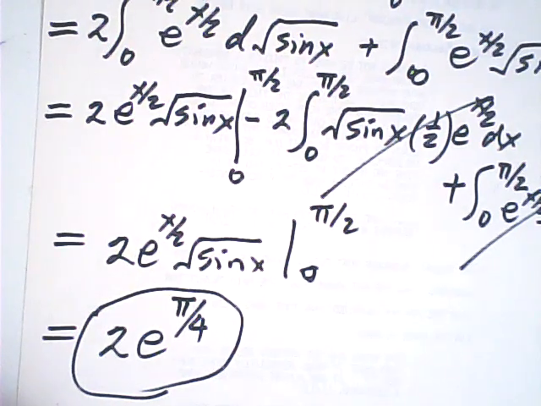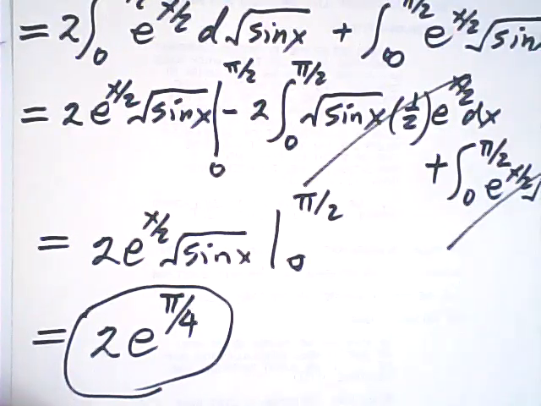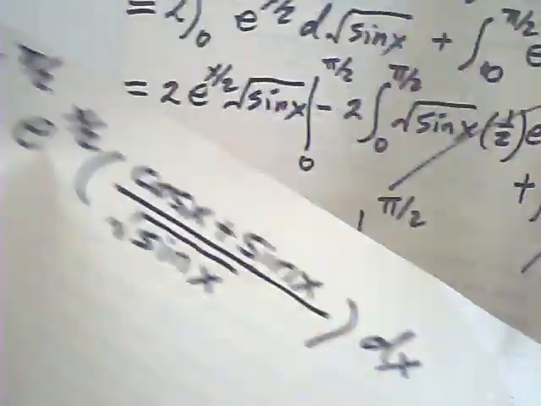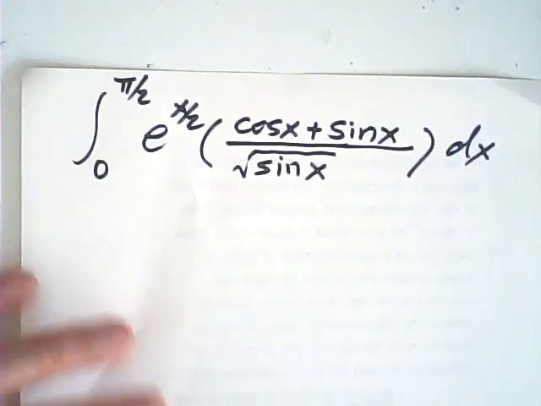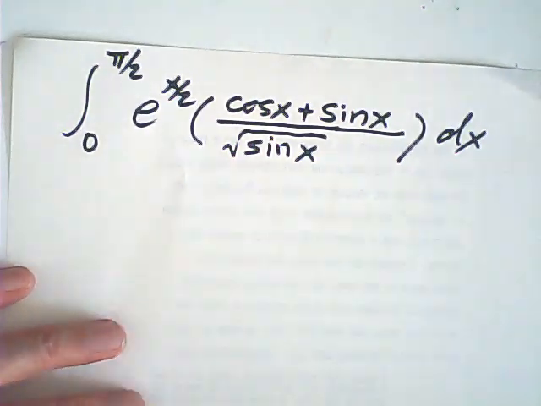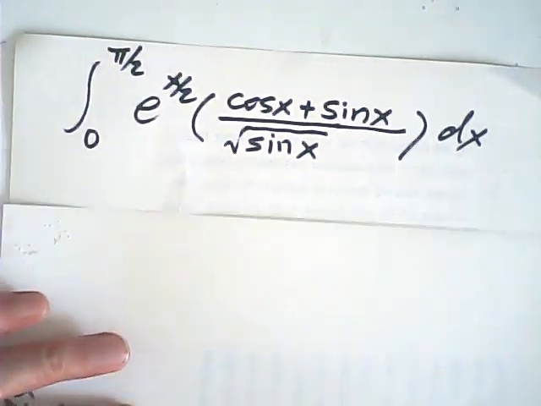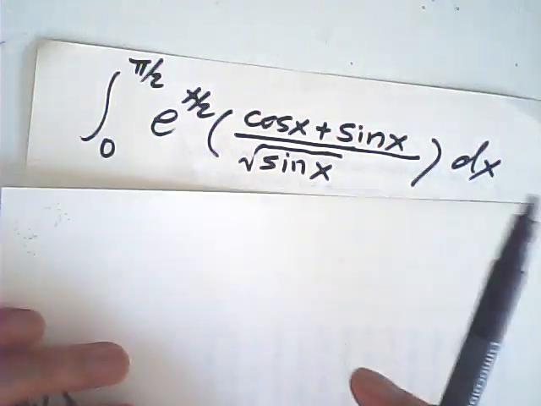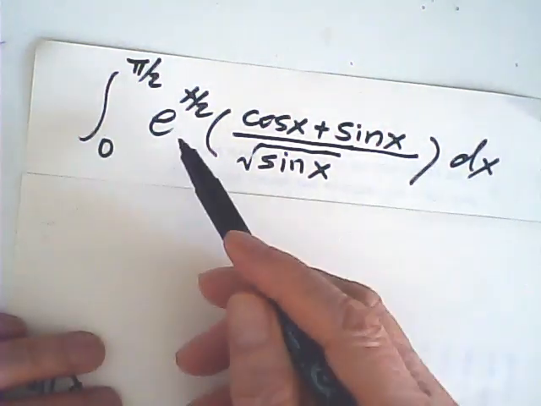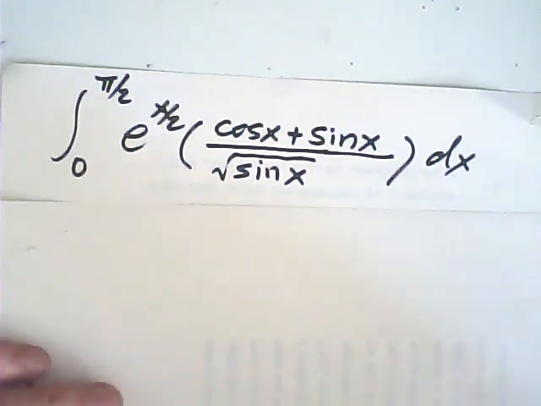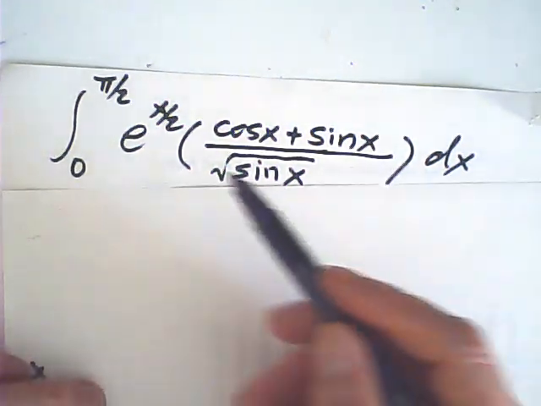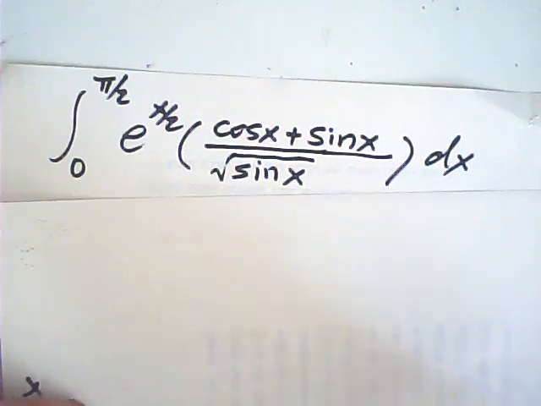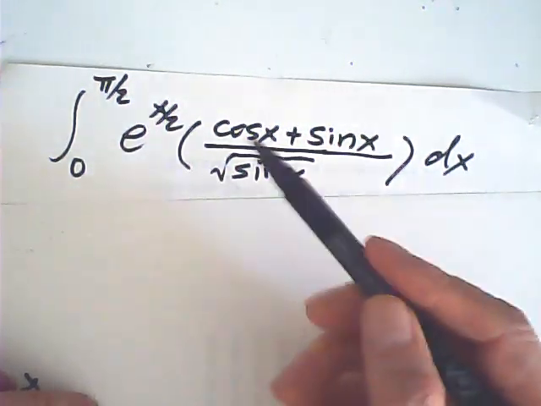Now method 2. Now look, when I see e, when I see the exponential function, it is quite special because the derivative of this function is itself.